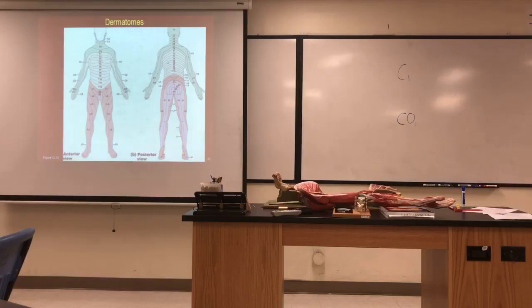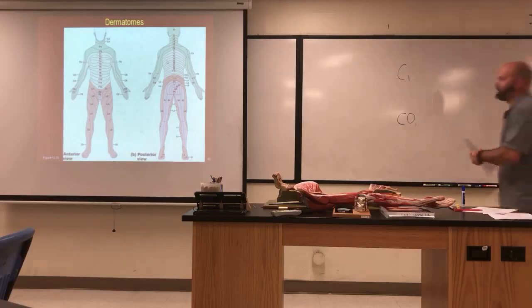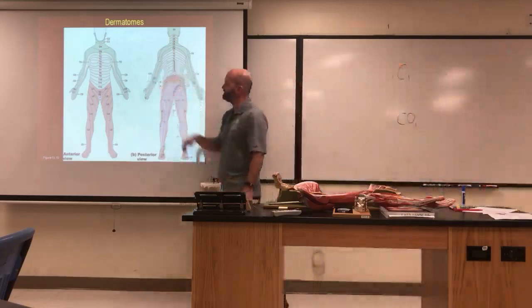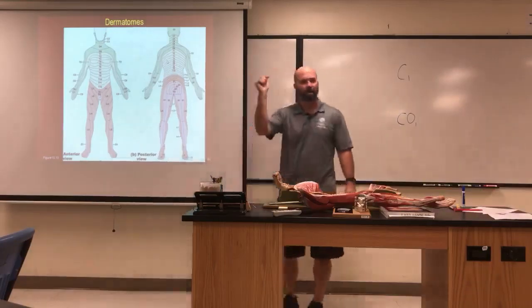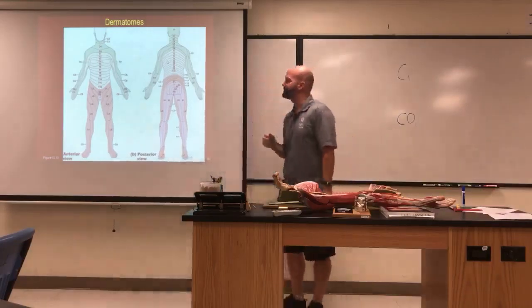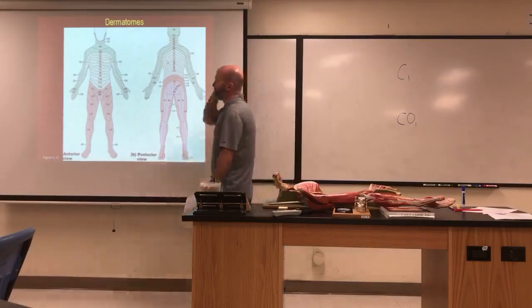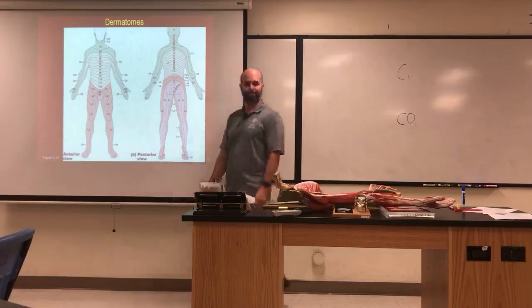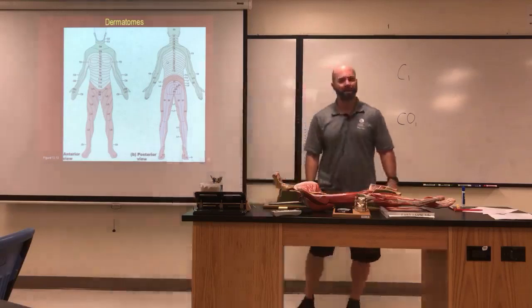Next is dermatomes. This is a map, it's sensory, showing you which regions of the skin are innervated by the different spinal nerve pairs. So if you have paresthesia coming from lower abdomen, where in the spinal cord might the problem be?